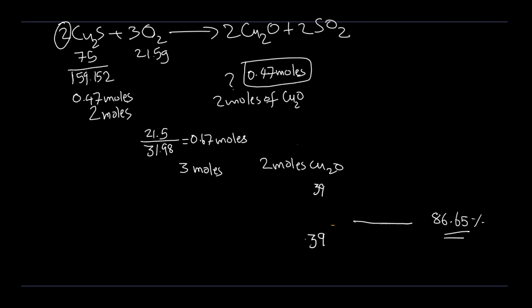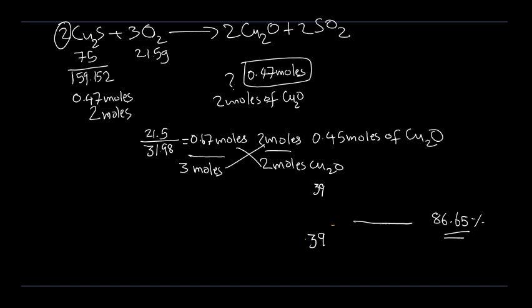Okay, so how many moles will form from 0.67? So what I will do, just cross multiply, right? So the number is 0.67 times 2 divided by 3, that will give me 0.45 moles of copper 1 oxide.